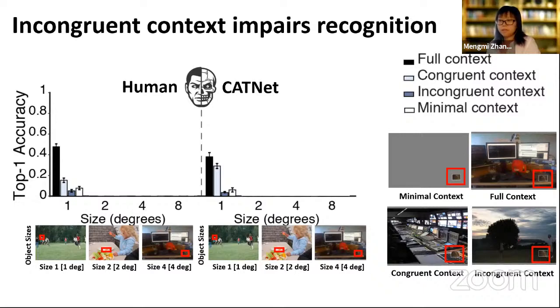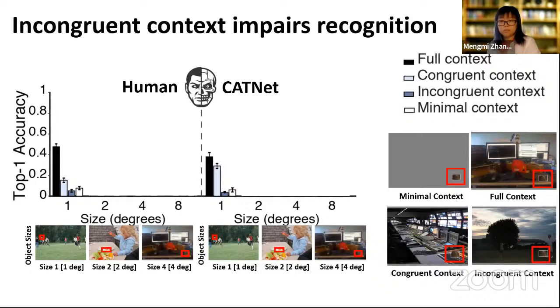We are suspecting that one of the reasons is that once we are pasting the objects in the context, we are introducing an artifact, like this weird contrast and these artificial boundaries that we introduce into the background, which might confuse humans to misclassify it.